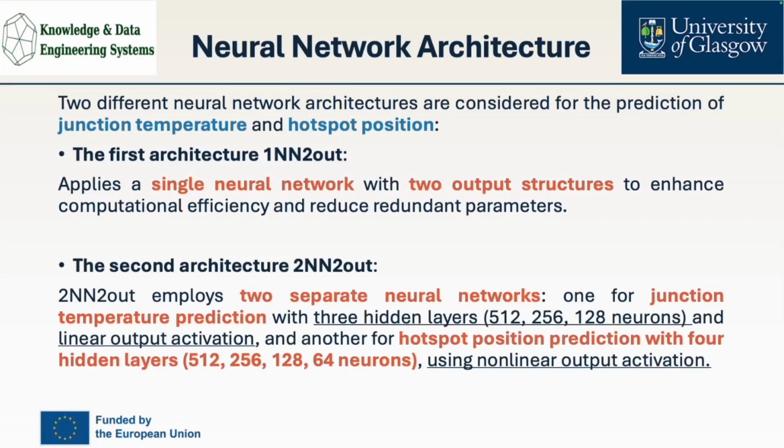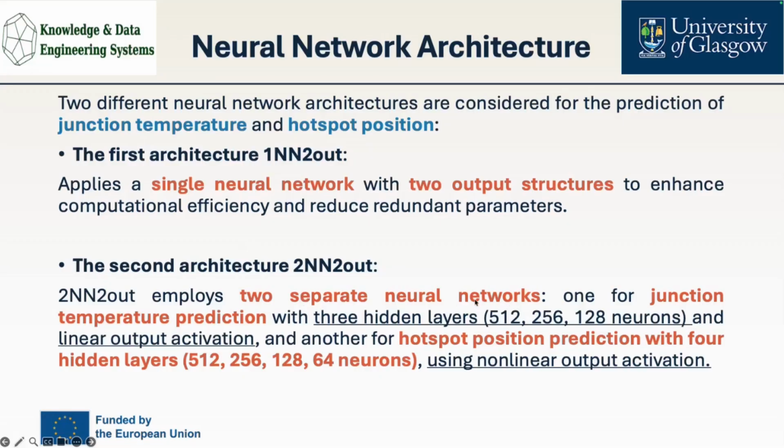And for more complicated scenarios or to get more accurate results, we could need to use two neural networks, one neural network for junction temperature and another neural network for the hotspot position.